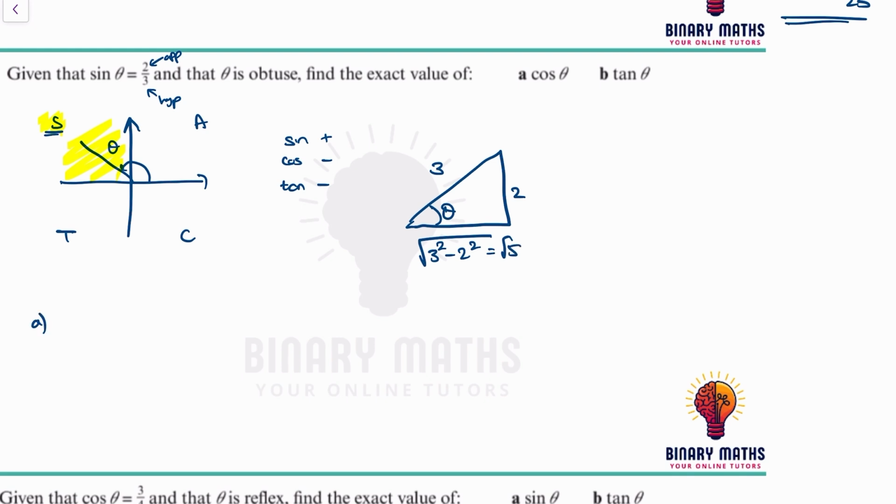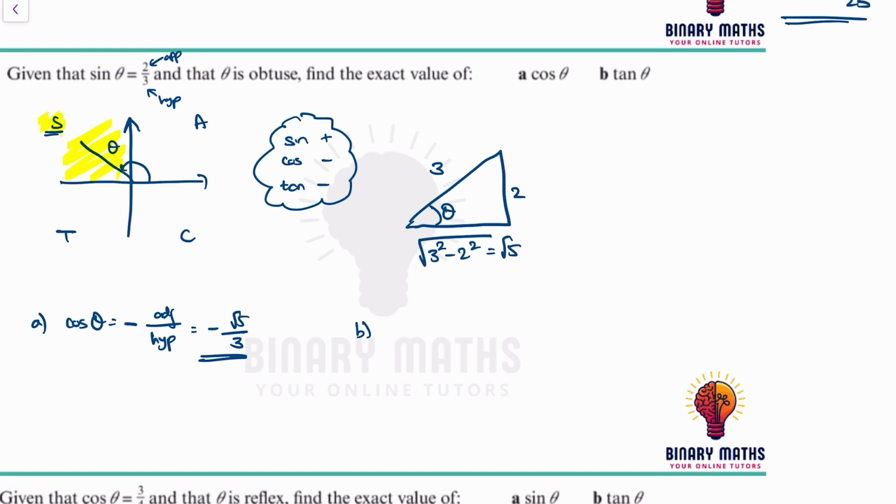So if I want to find A, cos theta is negative because we know it's negative here. And it's adjacent over hypotenuse, which is equal to negative root 5 over 3. That's A.